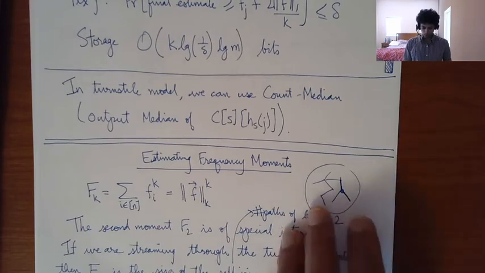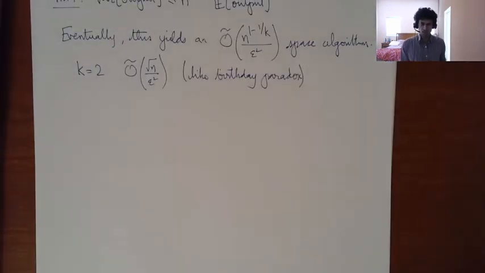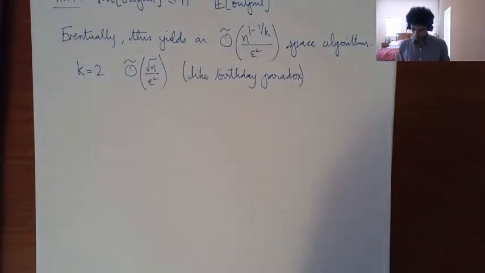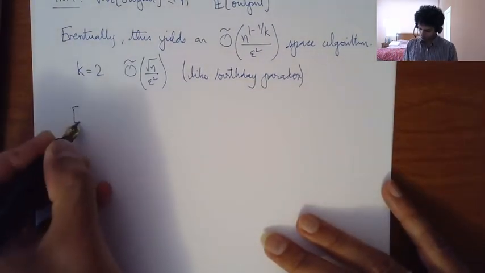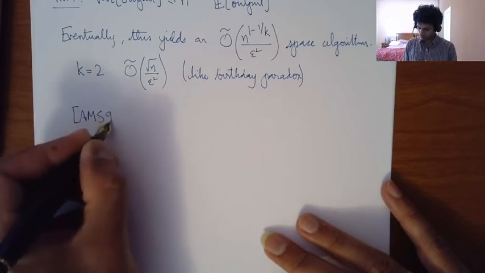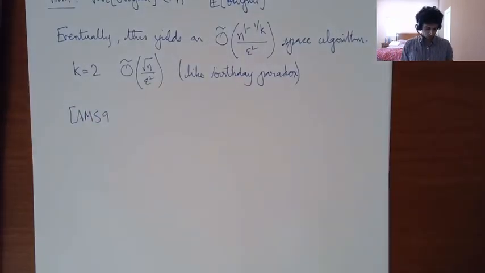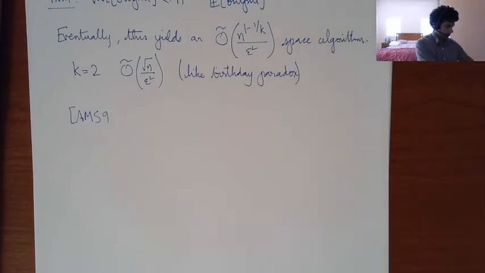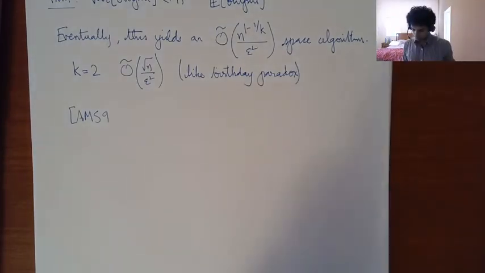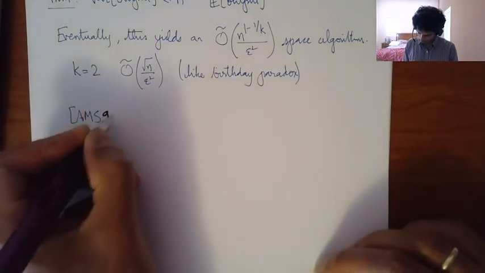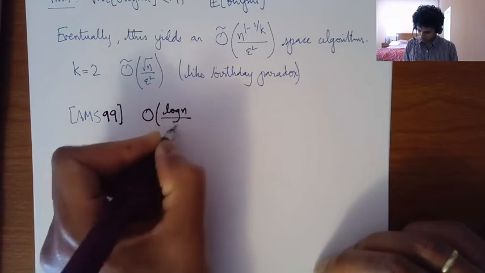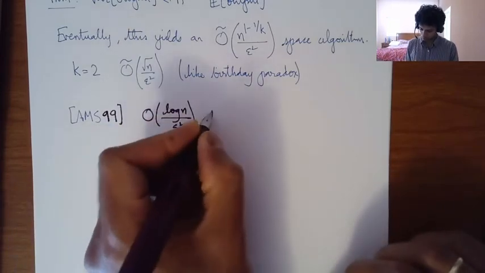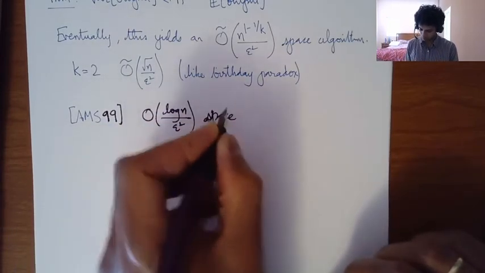And a natural question is, is this optimal? Surprisingly, the answer is no. You can beat this. And so the classic AMS, whenever you hear references to the Alon-Matias-Szegedy algorithm, often, just get a new pen, what they're talking about is an O of log n over epsilon squared space algorithm.